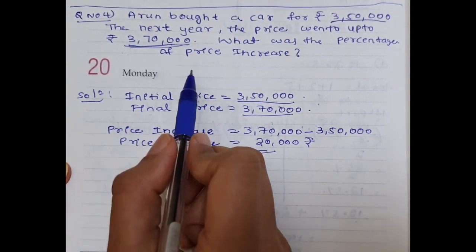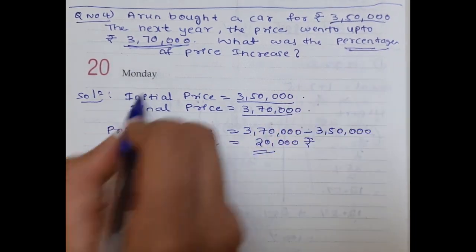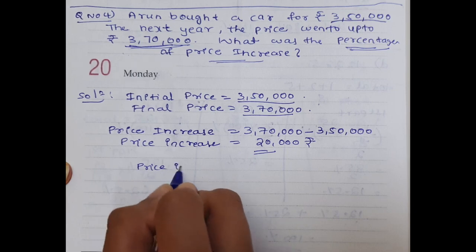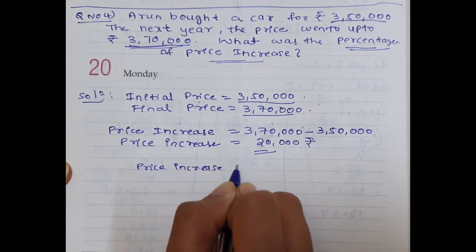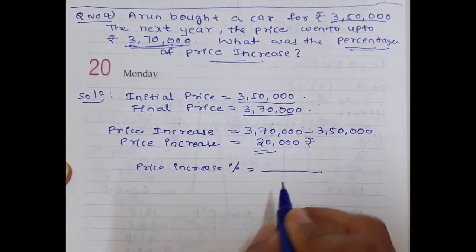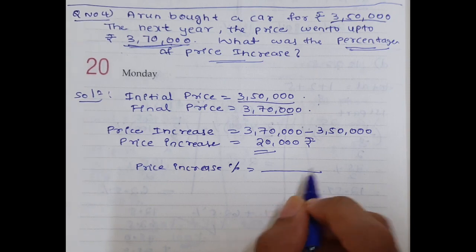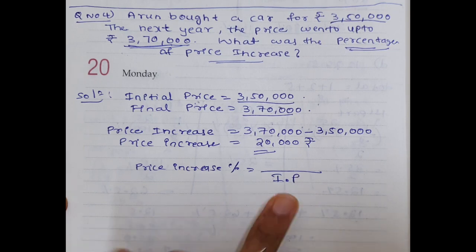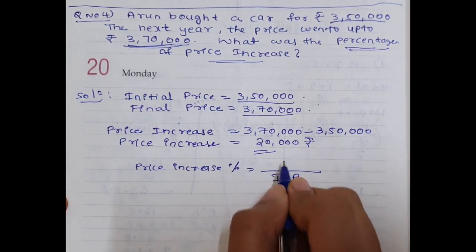Now we have to find the percentage of price increase. How to find it? Percentage equals, what should I write in the denominator? Initial price. Let me write initial price as IP. In the numerator, what should I write?